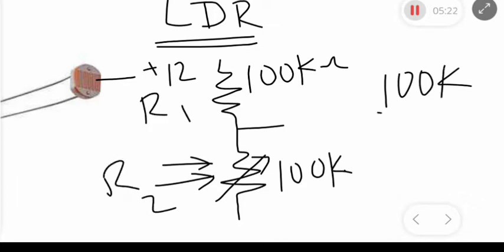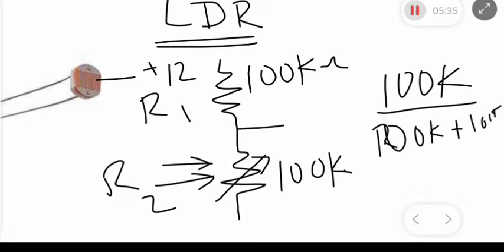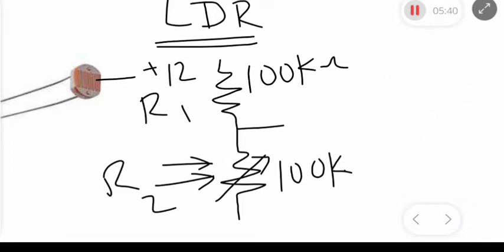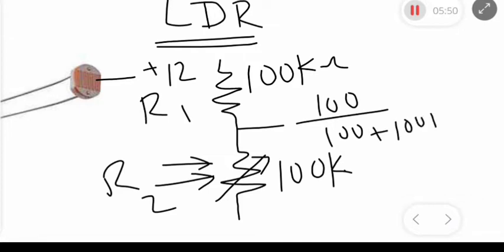So 100k divided by R1, which is 100k, plus R2, which is also 100k, multiplied by 12 volts.